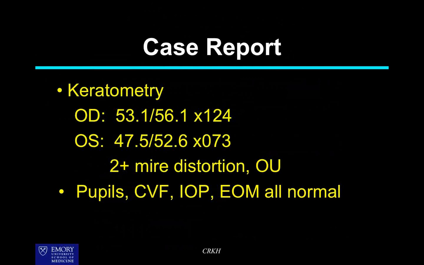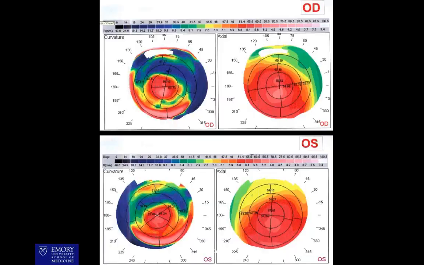His keratometry was approximately 53/56 in the right eye, 47/52 in the left eye, with 2+ Meyer distortion. The rest of the eye examination was unremarkable. Here are his maps. You'll note you still have a central apical steepening, quite a bit of steepening here.